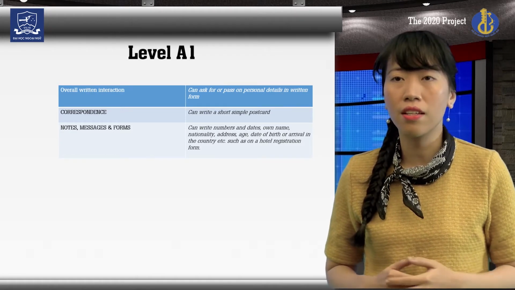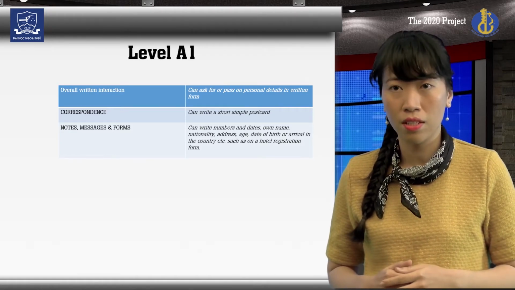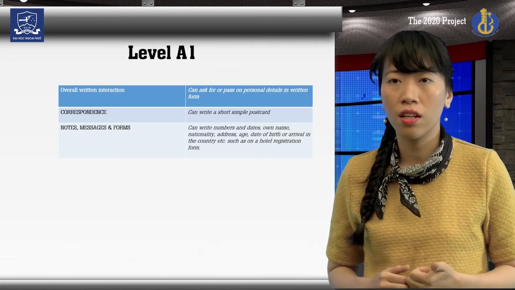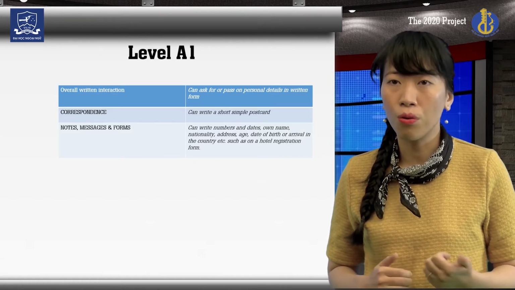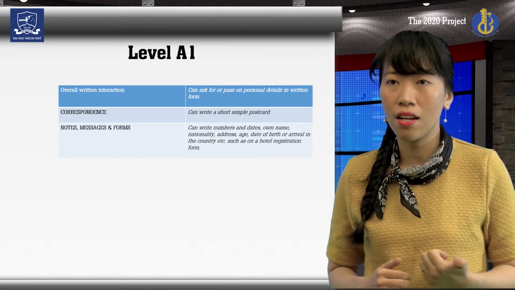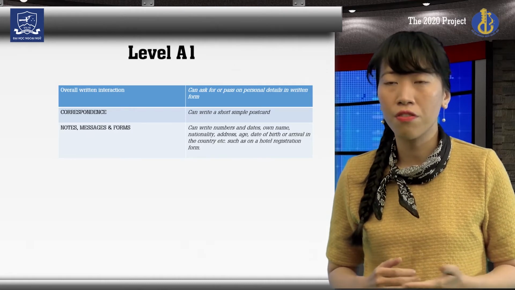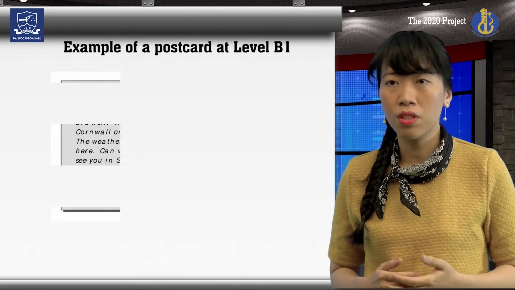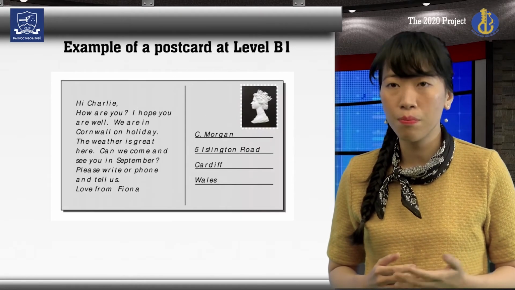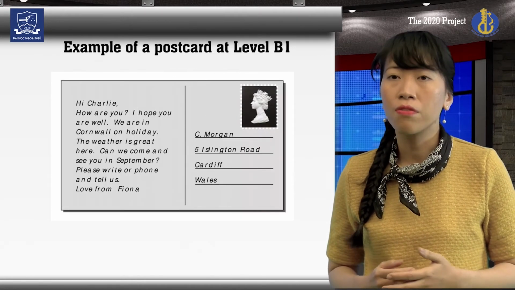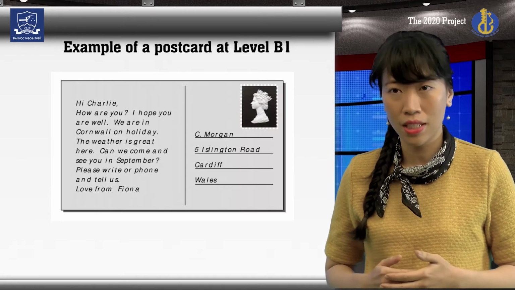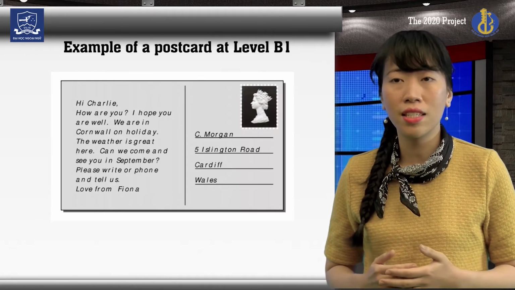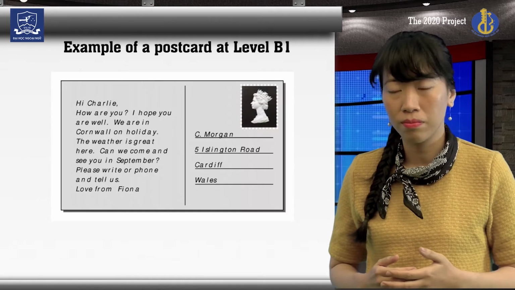So, what do you think are the keywords in these two descriptors? A simple postcard, numbers and dates, own name, nationality, address, age, date of birth, or date of arrival. At this level, students can write a short, simple message or postcard, for example, sending holiday greetings. Take a look at this sample postcard for this level.